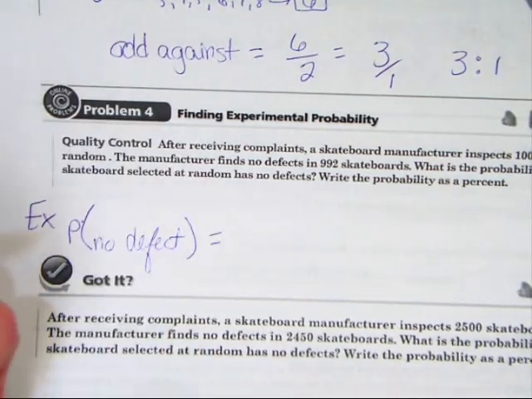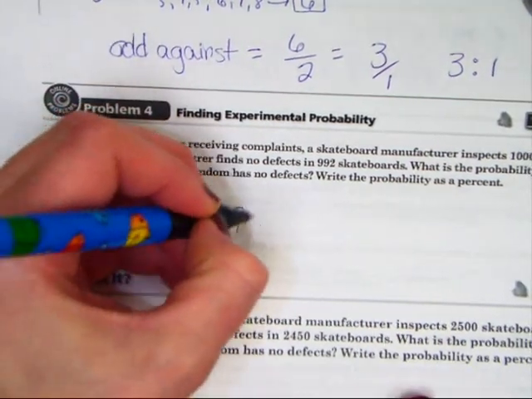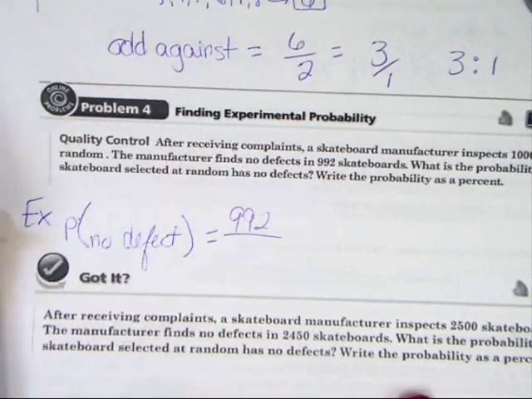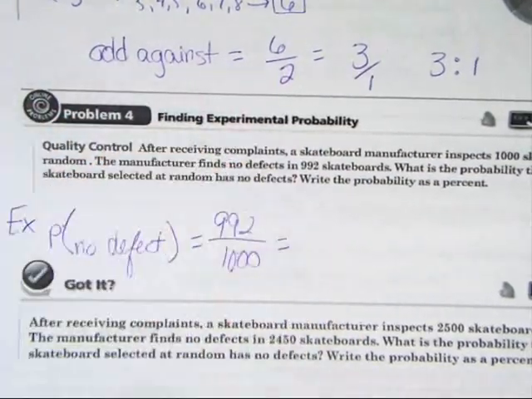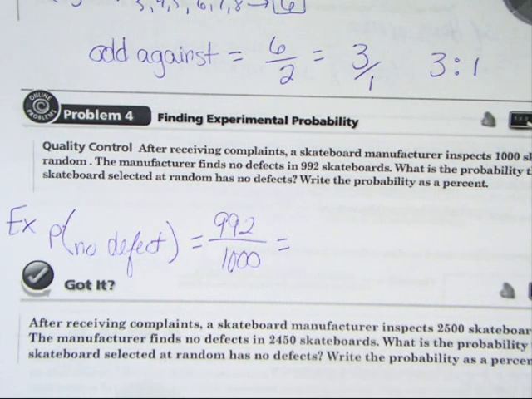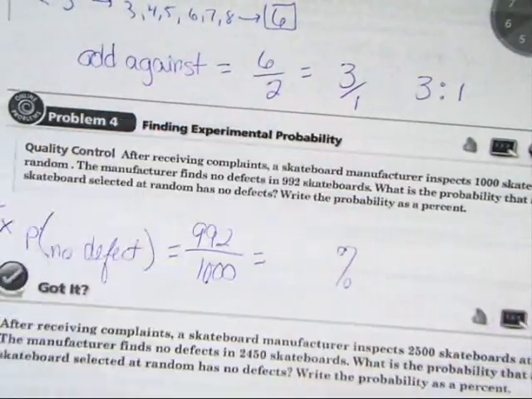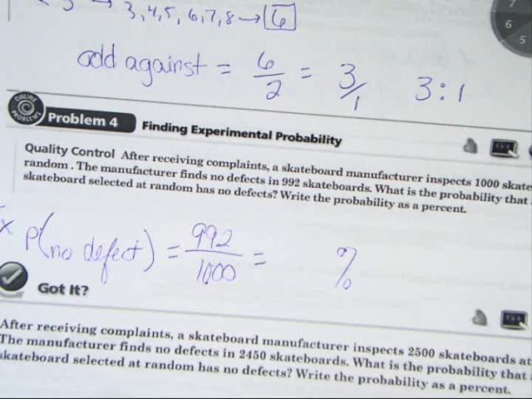Well, how many did not have a defect? 992 over how many total? 1,000. We don't even have to reduce that because they asked us to find it as a percent. Now, make sure you note that you would absolutely have to reduce that if it asks for you a probability itself.